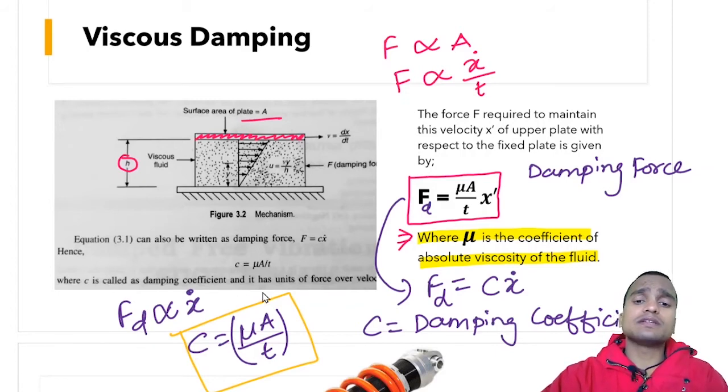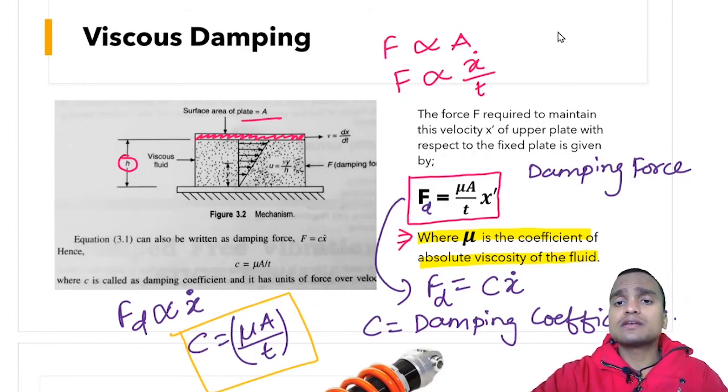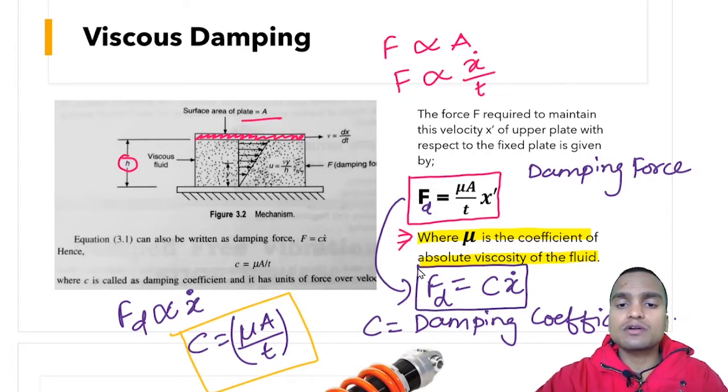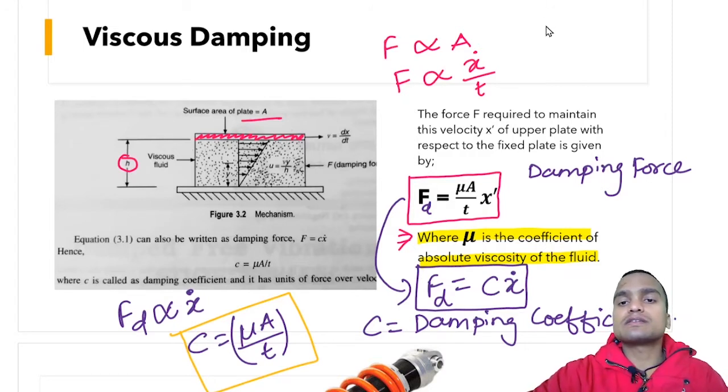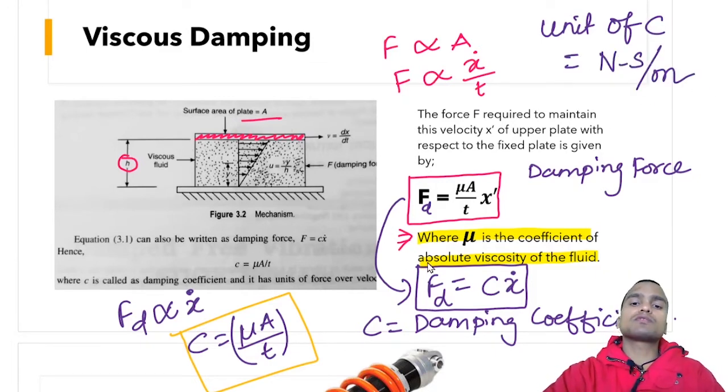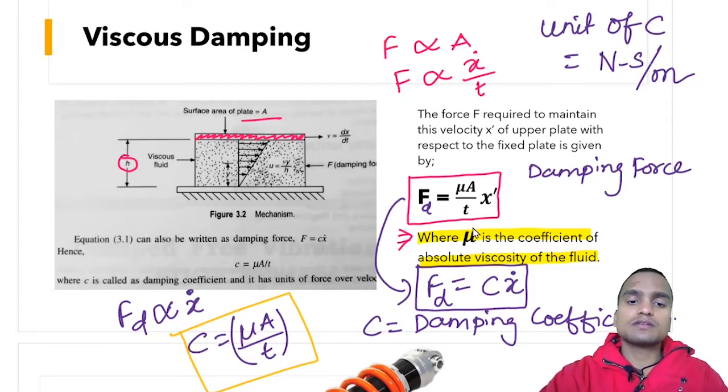We can work out the unit of the damping coefficient. The unit will be in terms of force by velocity, because from this formula Fd is equal to c x dot, you can get the unit from here. Unit of c will be equal to Newton second per meter, because it is force by velocity.